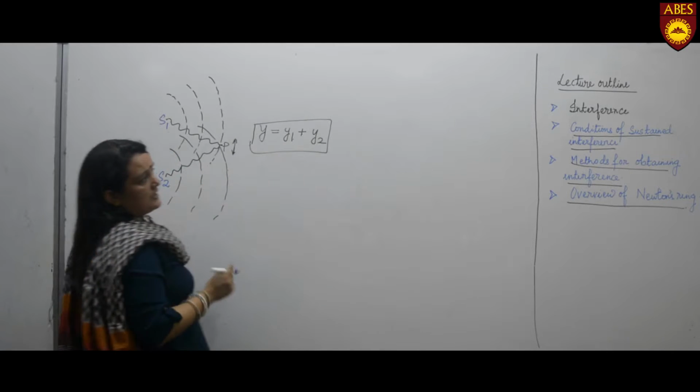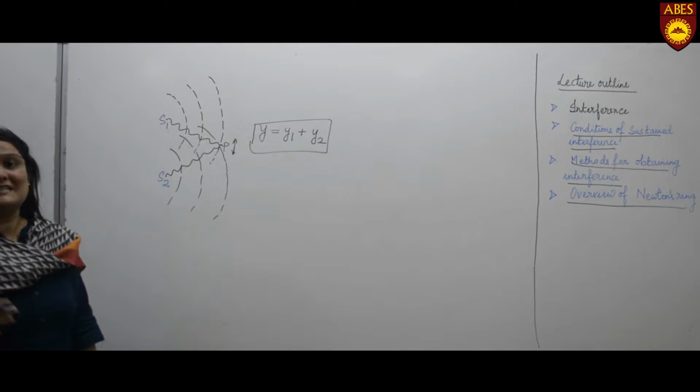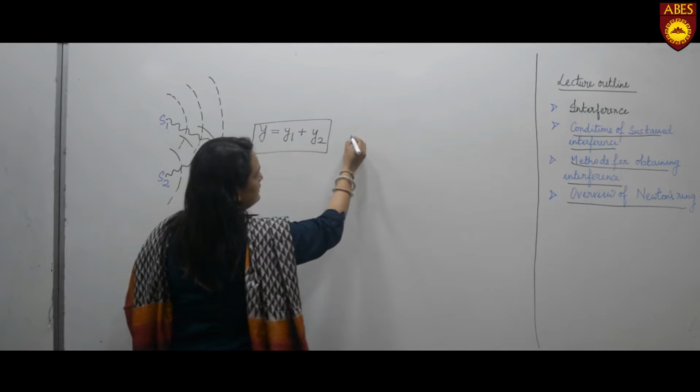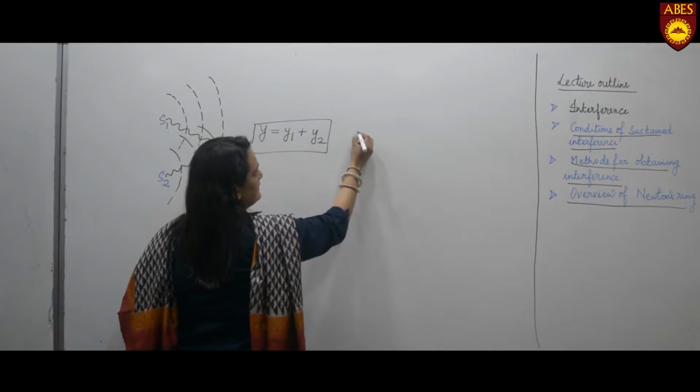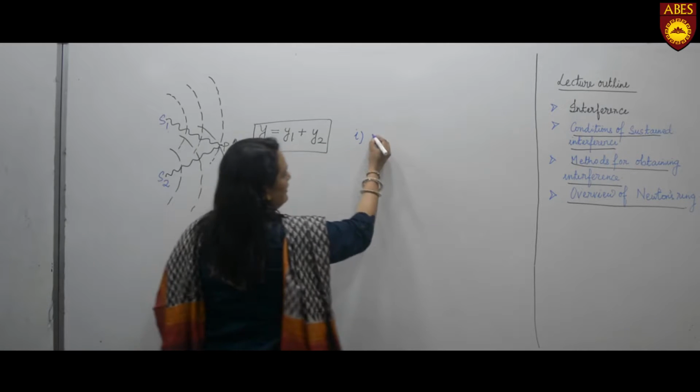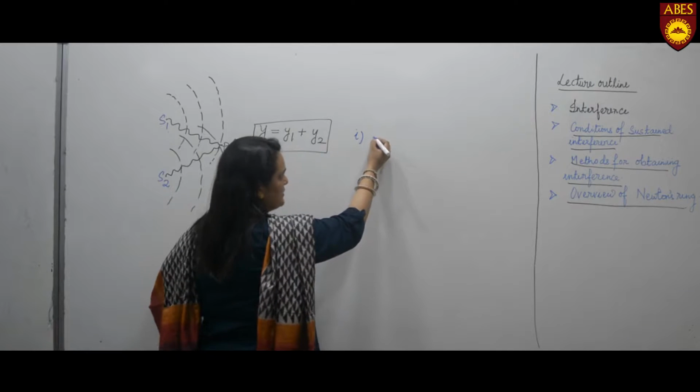Now, what are the conditions for sustained interference? The first condition is that we need light coming from two coherent sources.